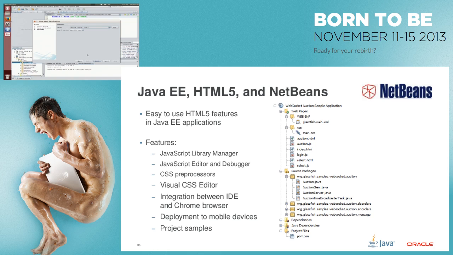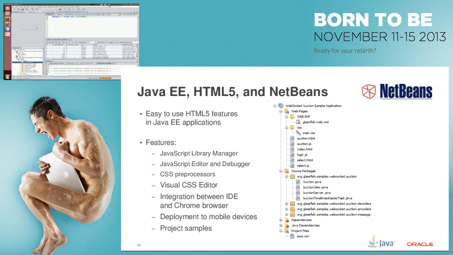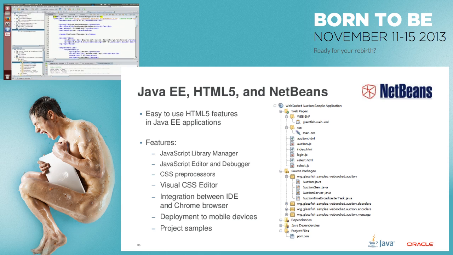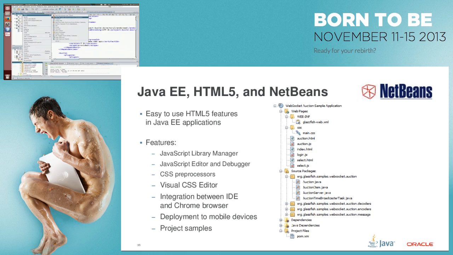Choose a particular server, which could also, in the latest development builds, be a TomEE server. And create a basic Java web application. So as you might expect, you have a POM file, inside of which is defined the fact that we are using Java EE 7.